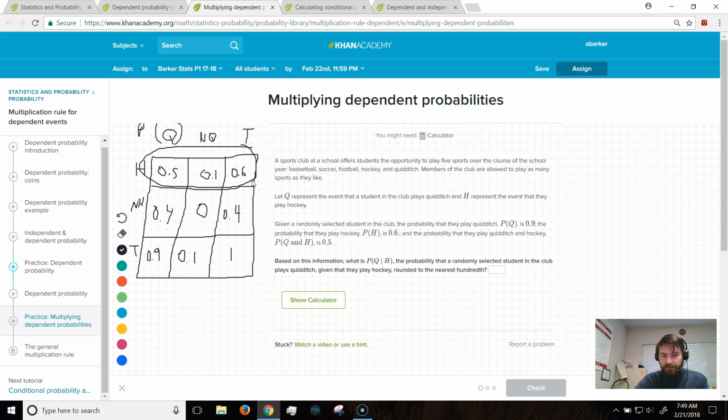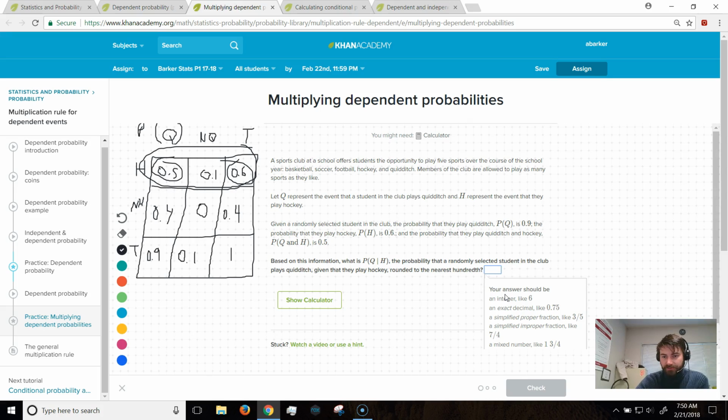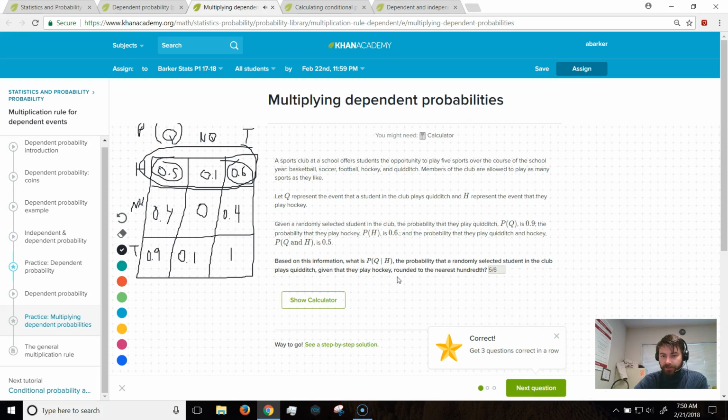So it's going to be 0.5 divided by the total of all the hockey players, which is given. So it'd be 5 out of 6, just a fraction. It says you can round to the nearest hundredth, so you can make that a decimal.